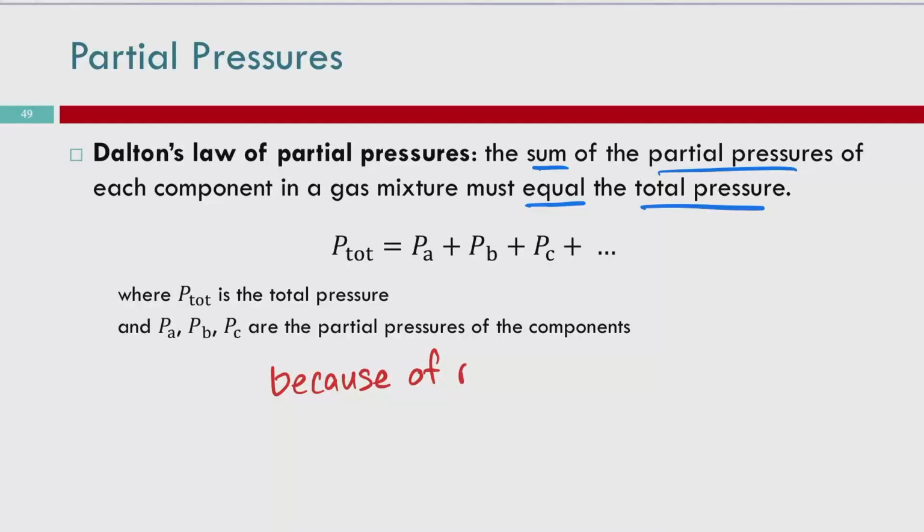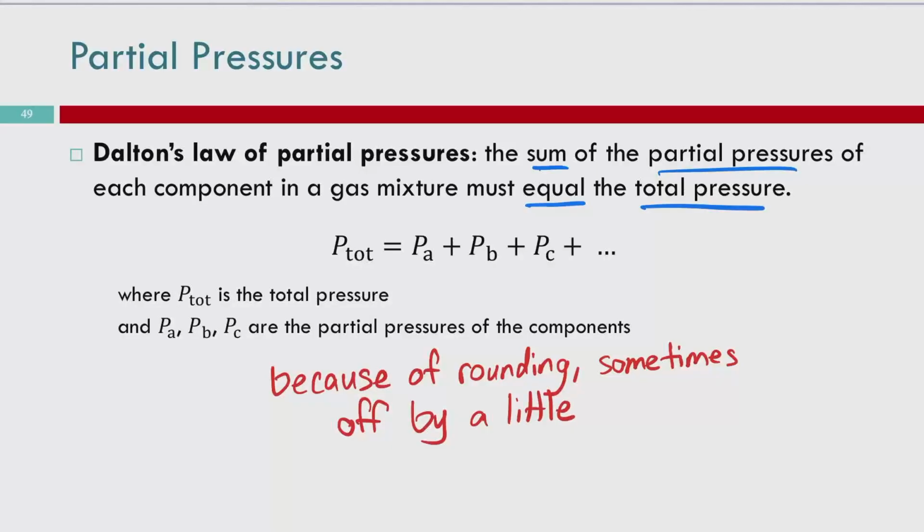This is also an equation that you'd be given on an exam, by the way. Because of rounding, it's sometimes off by a little. You should be within like 5% or 1%, depending on the numbers you have and how many significant figures and all that.